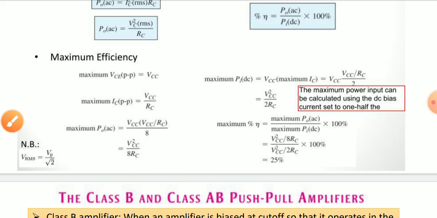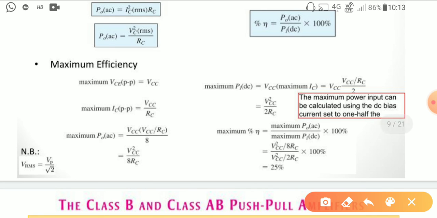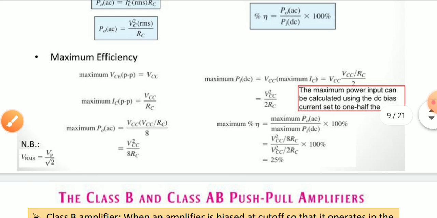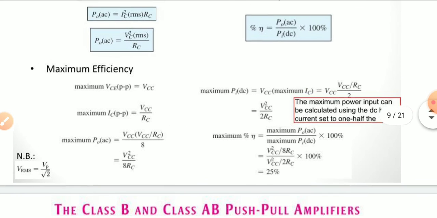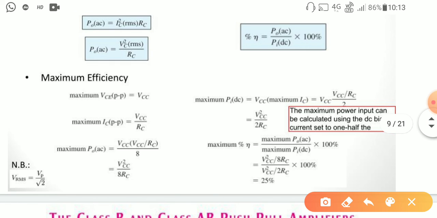If you take the ratio between them, the calculated value becomes 25%.